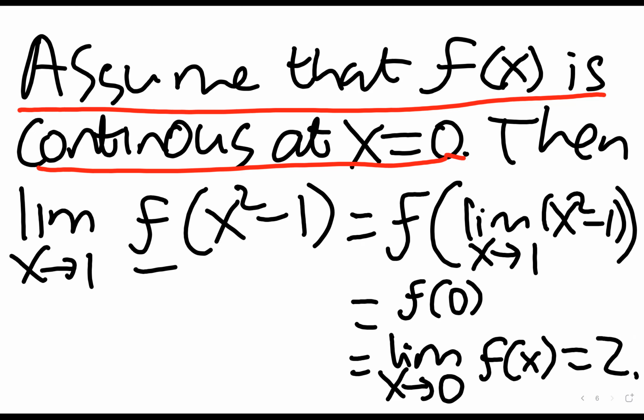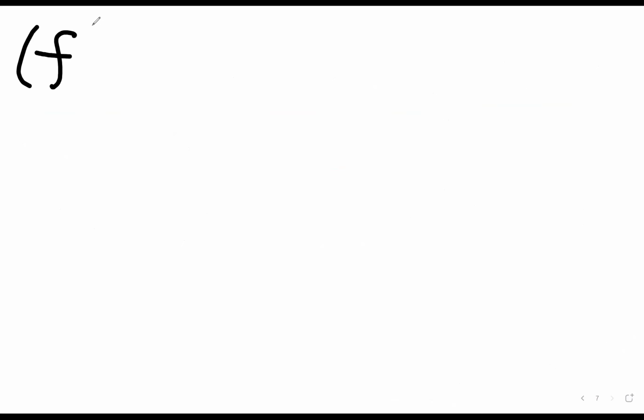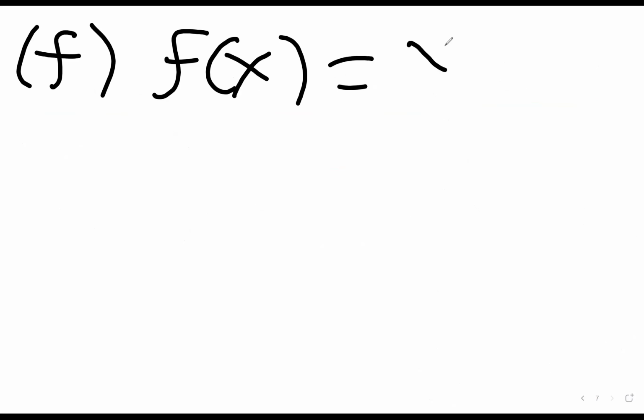Here I will write the definition of the function: f of x equals x minus 1 divided by x squared minus 1.